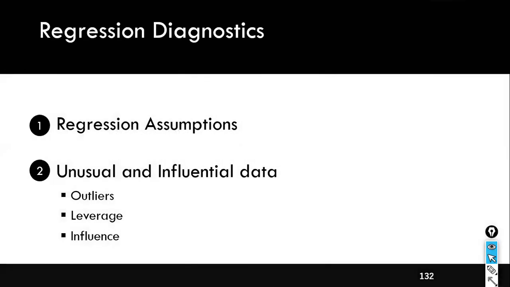In addition to these assumptions, we need to check whether we have any unusual or influential data in our data set. We have something called outliers, leverage and influence. We need to check these in the model also. So we know what an outlier is.